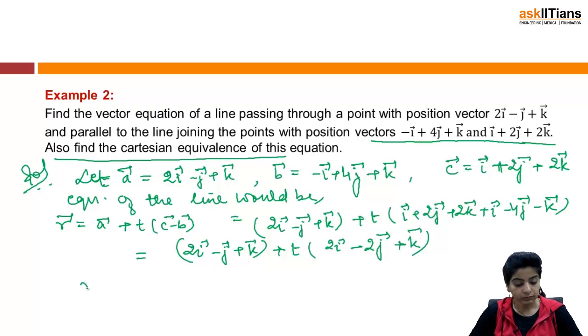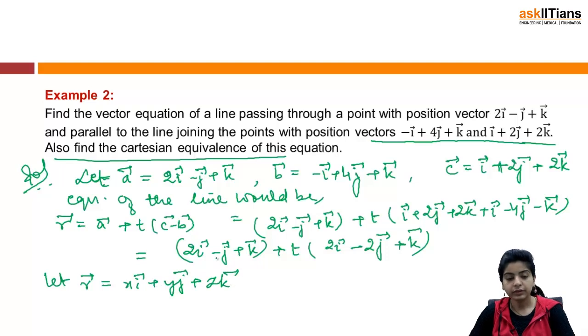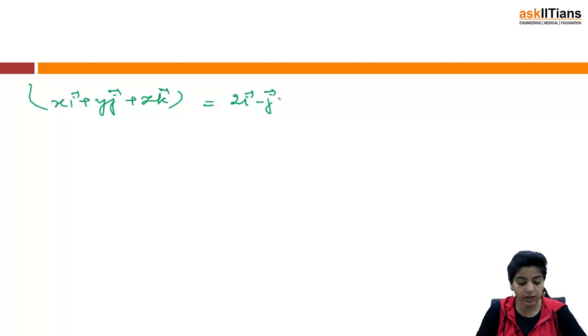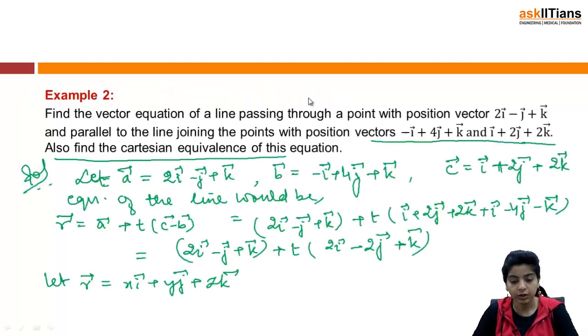Then let us suppose r is equal to xi plus yj plus zk. Then xi plus yj plus zk would be equal to 2i minus j plus k plus t times 2i minus 2j plus k.